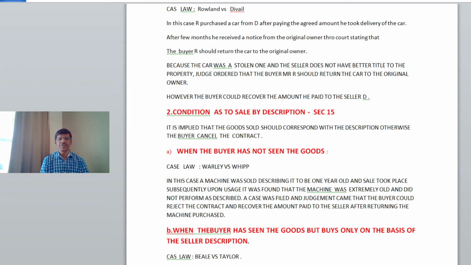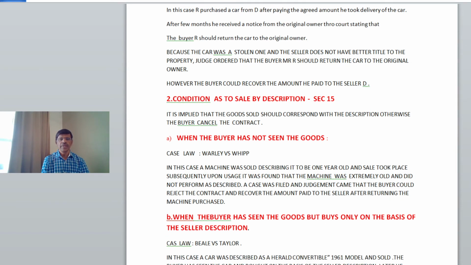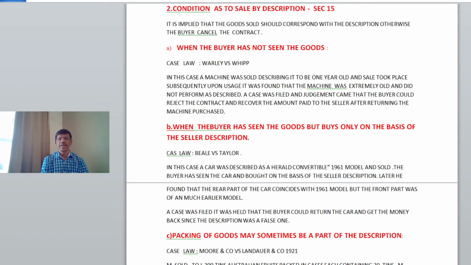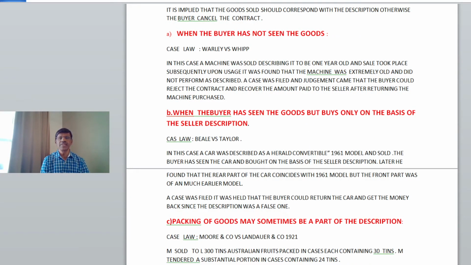In the second category, B, when the buyer has seen the goods but buys only on the basis of the seller's description. Here also there is one case law, Beale versus Taylor. In this case, a car was described as Herald convertible 1961 model and sold.